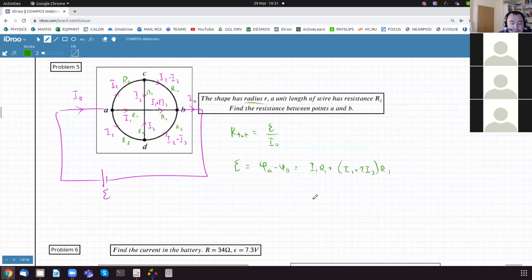I1 R1, and then you do it another way. So EMF is 2I1 R plus 2I3 R. Interesting. I1 plus I3. I1 plus I3.